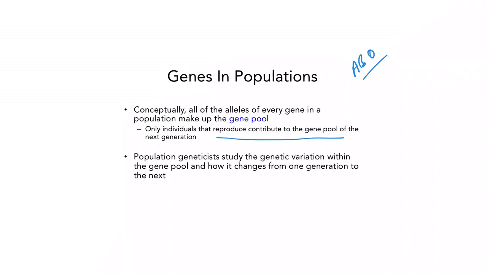Even with beta globin, worldwide they've identified over 600 different alleles for the basic beta globin gene. Population geneticists look at this genetic variation present in the gene pool and examine how it's going to change from one generation to the next.